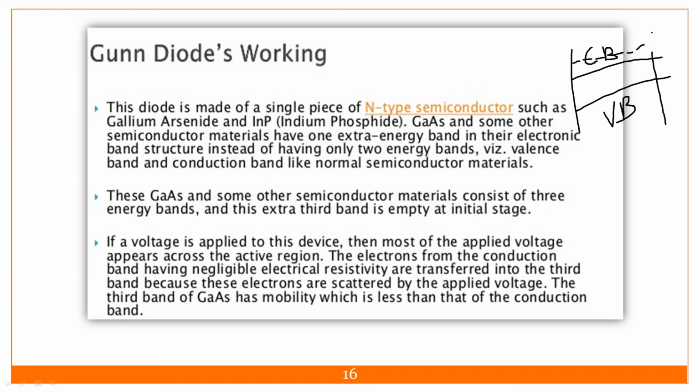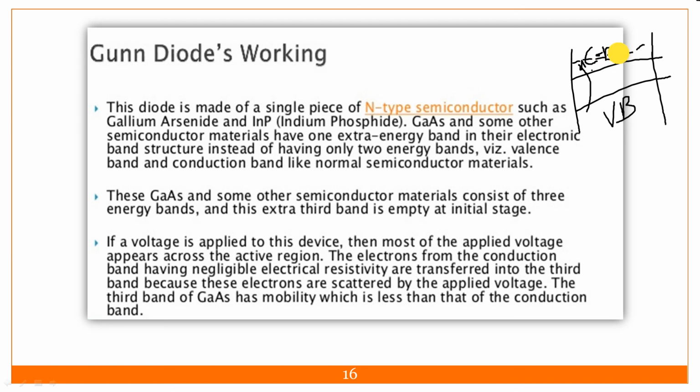This is the correct one. If we apply some voltage, the electron will jump from the valence band to the conduction band, and if you apply more and more voltage, the electron will jump from the conduction band to the empty band, where they are going to be scattered.